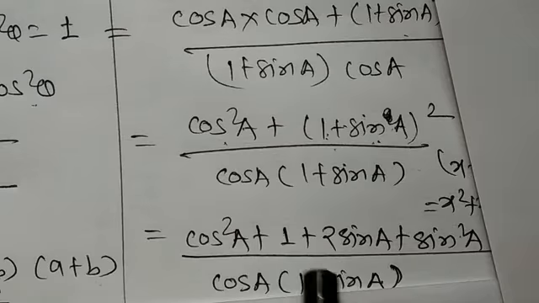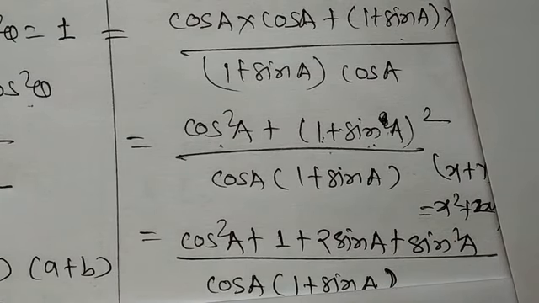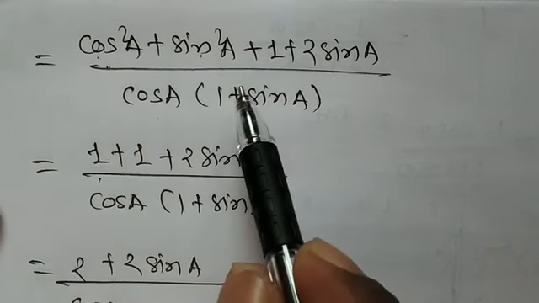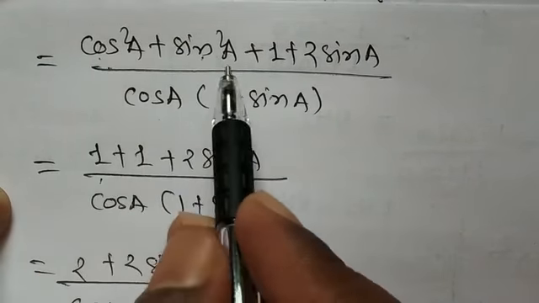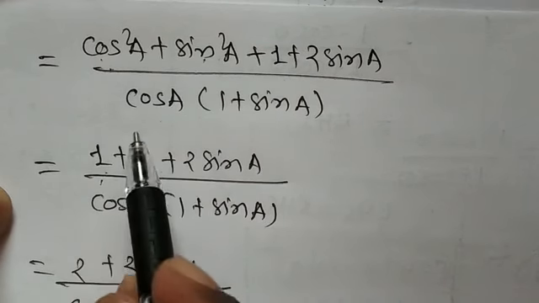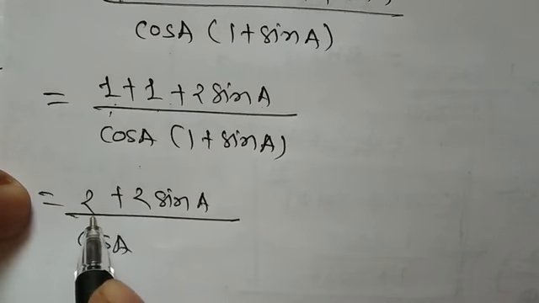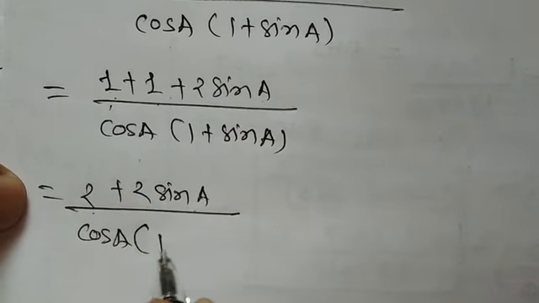Now check it. Cos square A plus sin square A is an identity, which equals 1. So I can write cos square A plus sin square A plus 1 plus 2 sin A upon cos A into (1 plus sin A), which is 1 plus 1 plus 2 sin A, that is 2 plus 2 sin A upon cos A into (1 plus sin A).